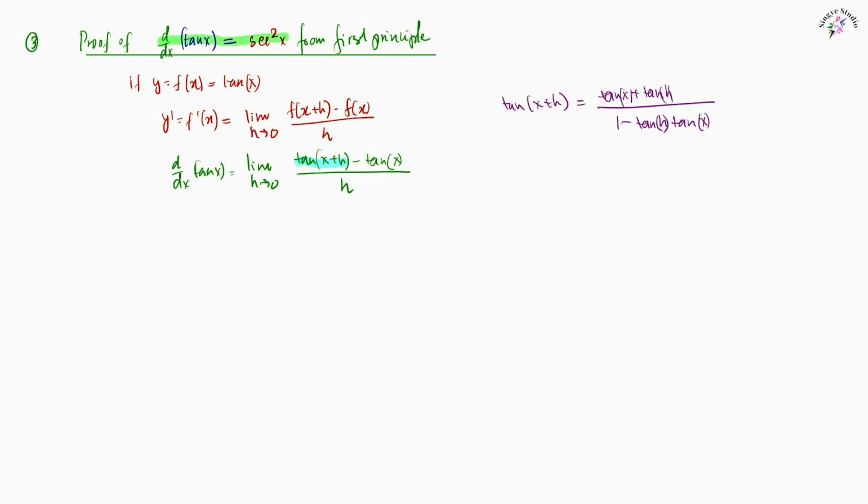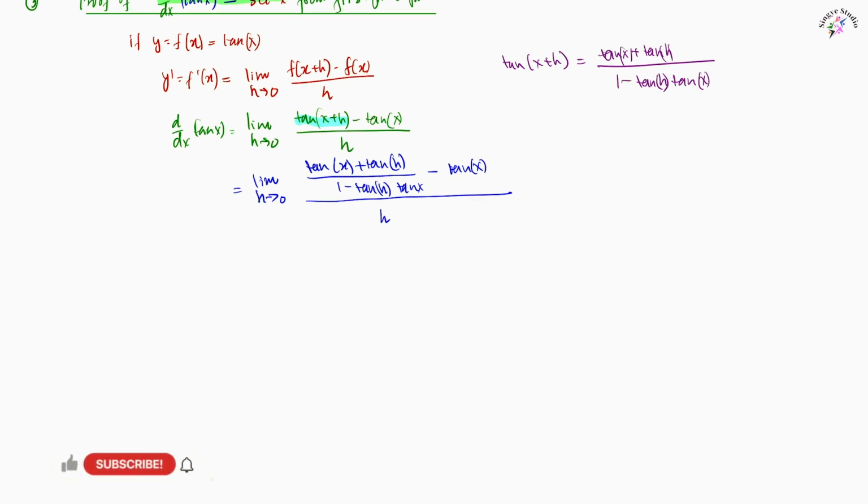So by using this and expanding, we will get the limit as h tends to 0 of tangent x plus tangent h upon 1 minus tangent h tangent x, minus tangent x, all divided by h.